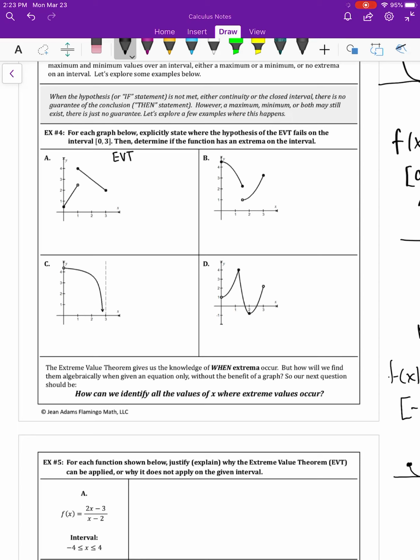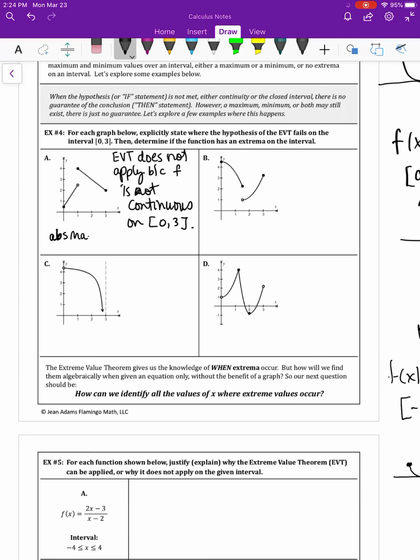For part A, the extreme value theorem does not apply because f is not continuous on [0, 3]. Okay, that's why the extreme value theorem does not apply.